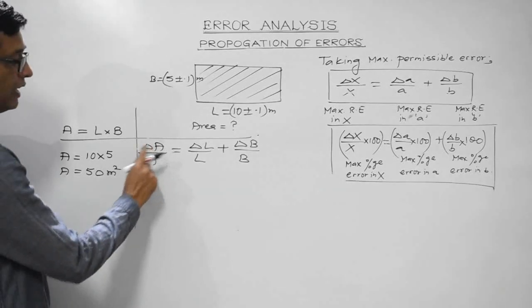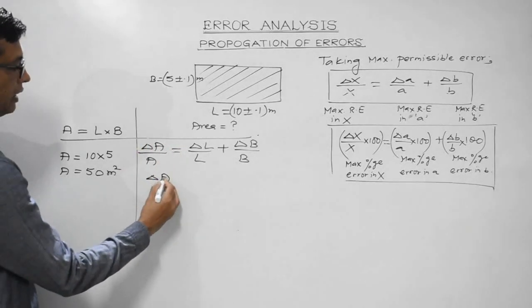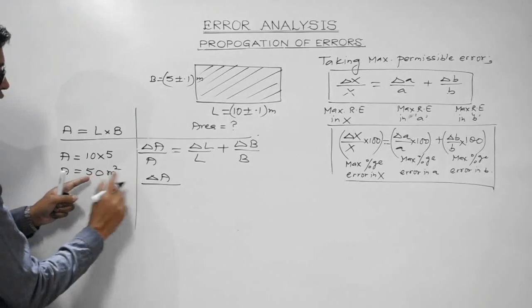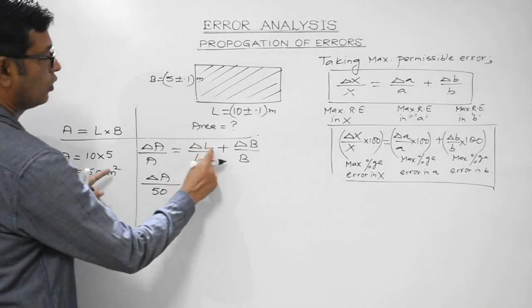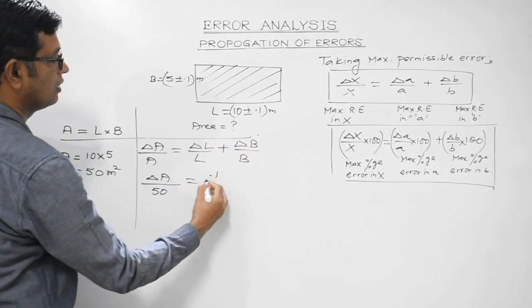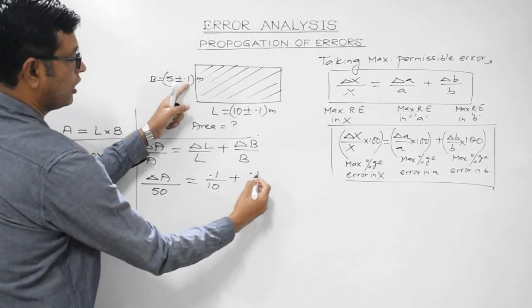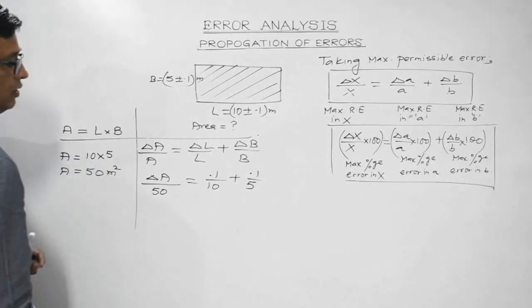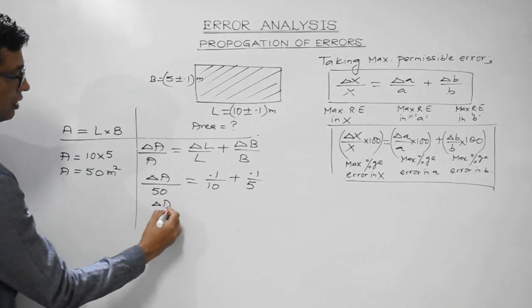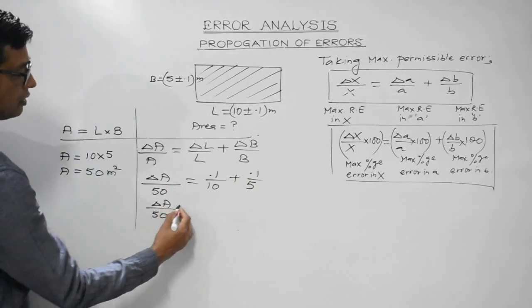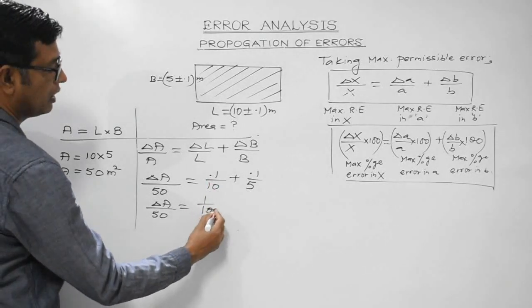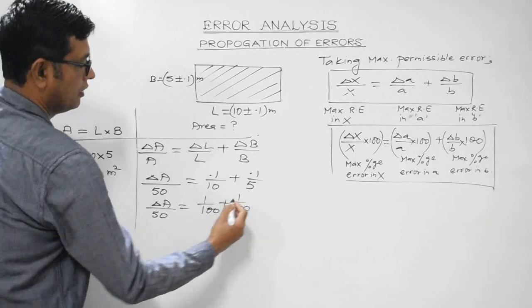Now, in order to find del A, let's substitute the values. Del A over, what is the area? The true value of area is 50. What is del L? Del L is 0.1. What is L? It is 10. What is del B? It is 0.1. What is B? It is 5. So, we can solve it. Del A by 50 is equal to 1 by 100 plus 1 by 50.